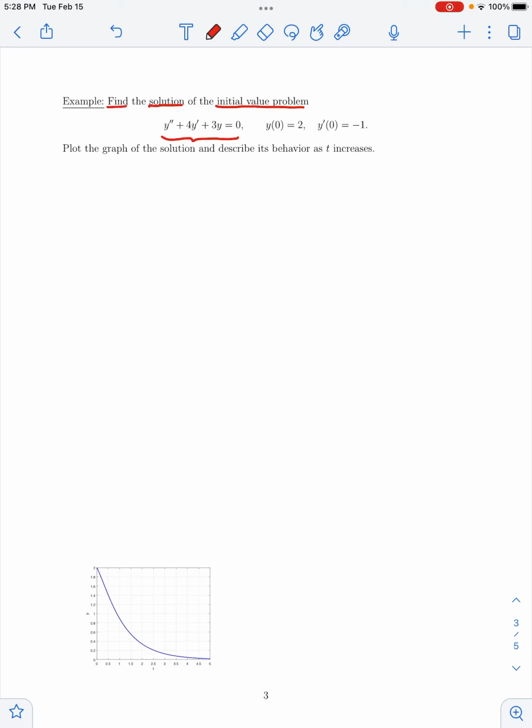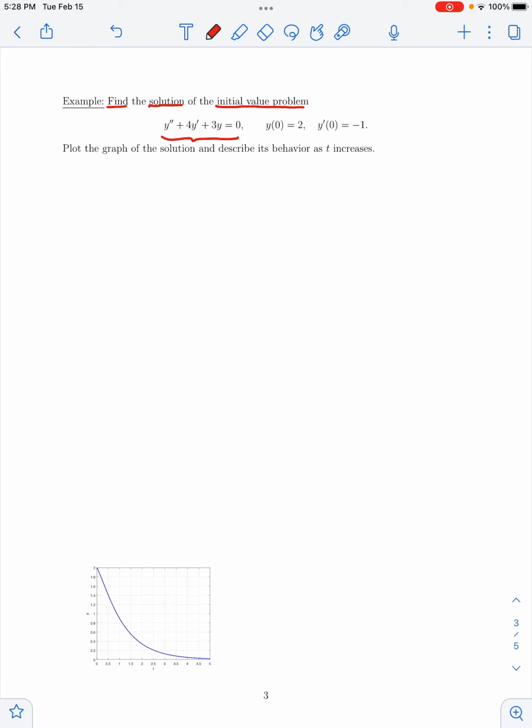So here we have a second order linear homogeneous equation with constant coefficients.